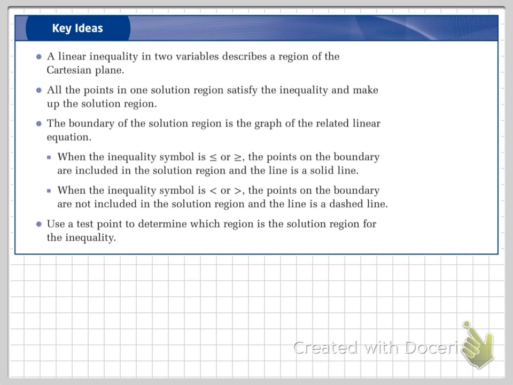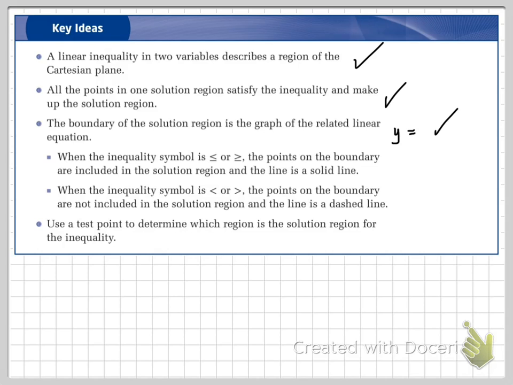So in summary, a linear inequality in two variables describes a region of the Cartesian plane. All the points in one region satisfy the inequality and make up the solution region. The boundary of the solution region is the graph of the related linear equation, y equals.